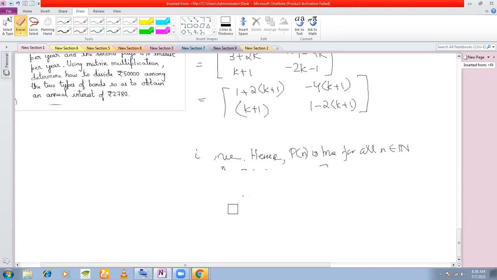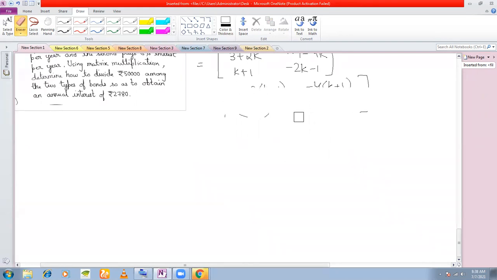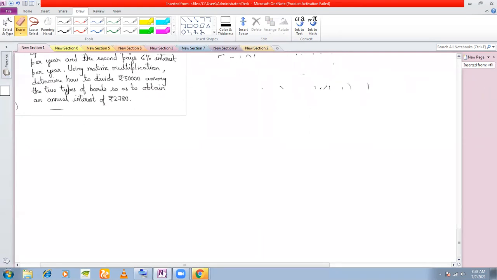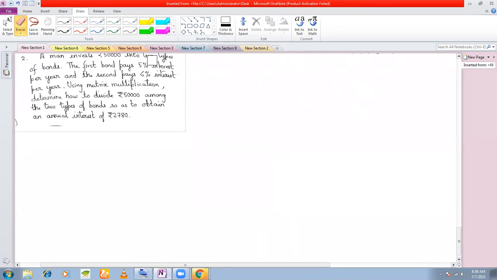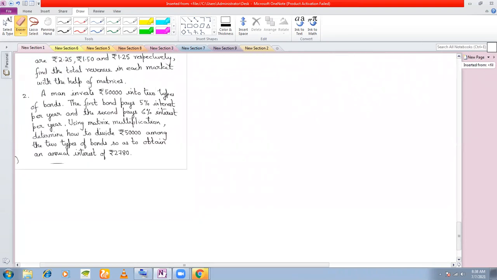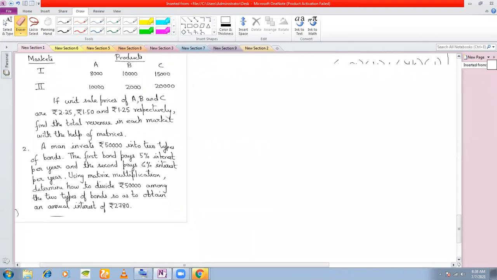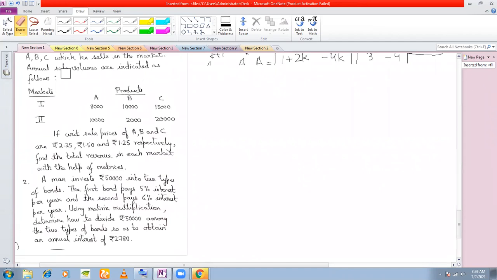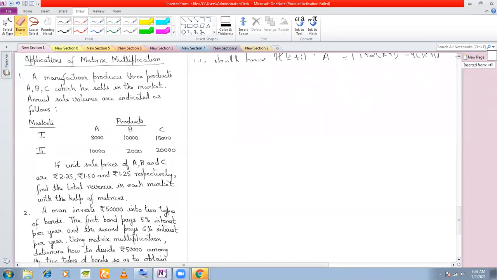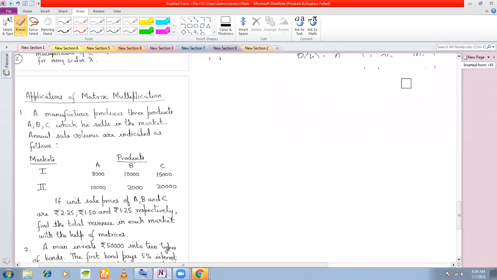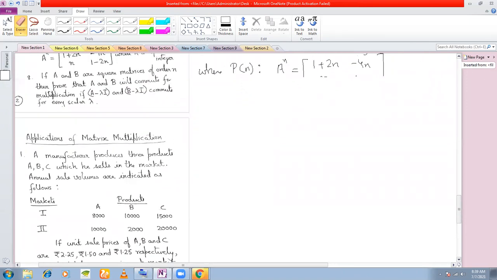Moving on to the next problem. The next problem is a little theoretical. This is not calculation based.